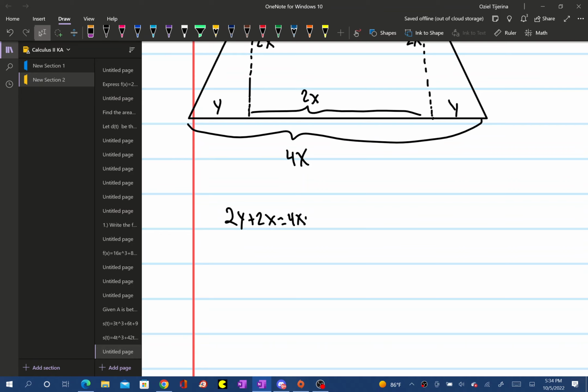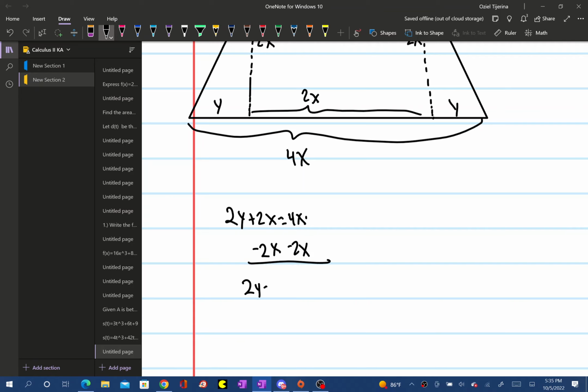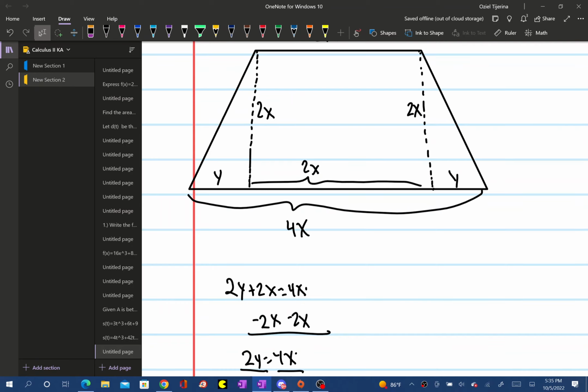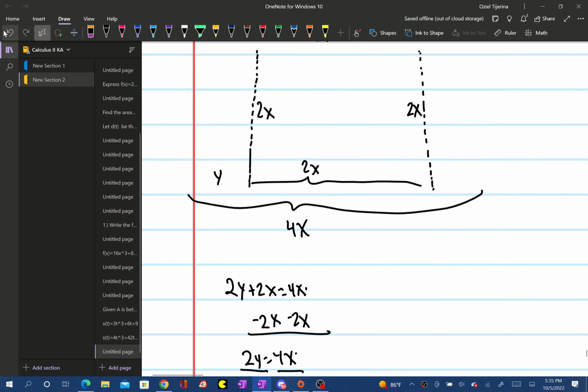Now, if I do minus 2x, I get 2y equals 2x. If I divide by 2, I get that y equals x. So then this means that y, which we just had right here, oops, I think I erased it. Sorry.